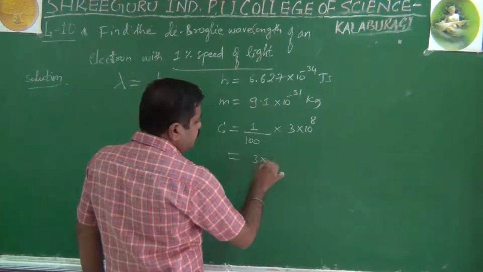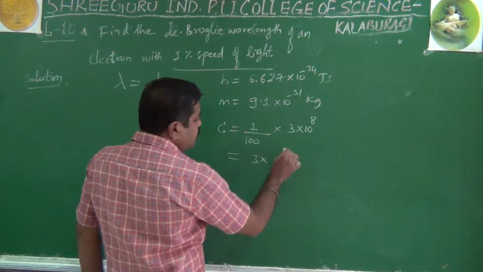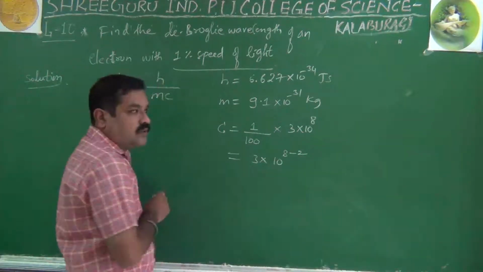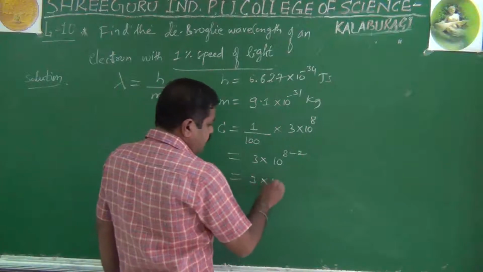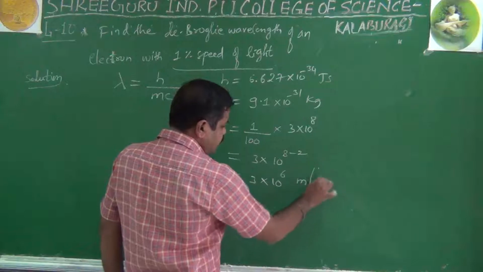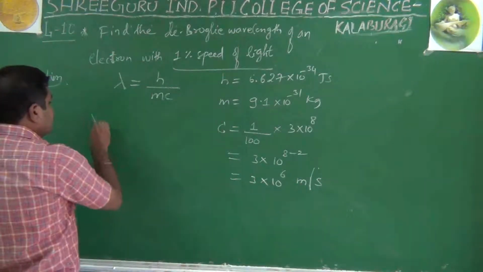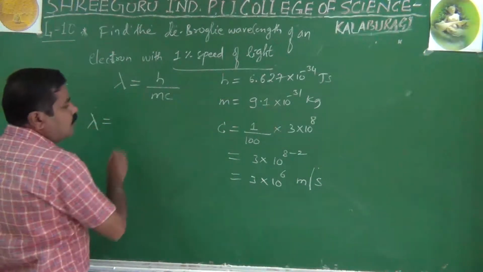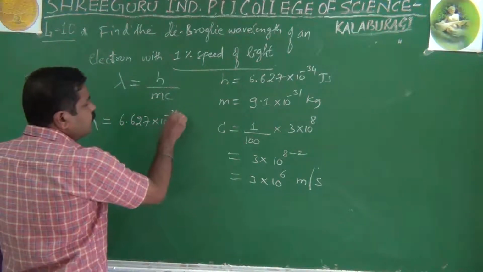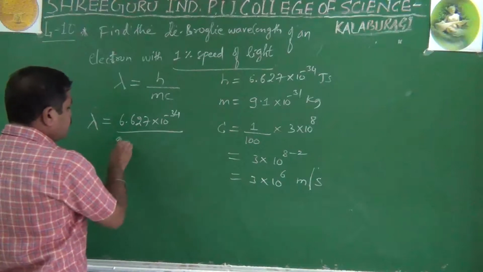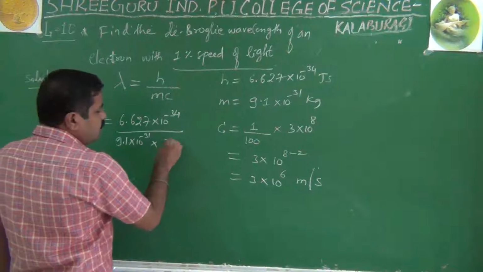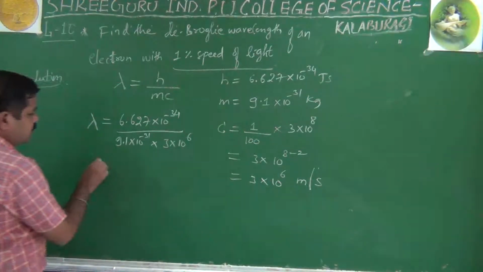So upon solving this, you will get 3 into 10 to the power 8 minus 2, therefore 3 into 10 to the power 6 meters per second. This is important here. When you substitute, lambda is equal to h, 6.627 into 10 raised to minus 34, divided by mass 9.1 into 10 raised to minus 31 into 3 into 10 to the power 6.